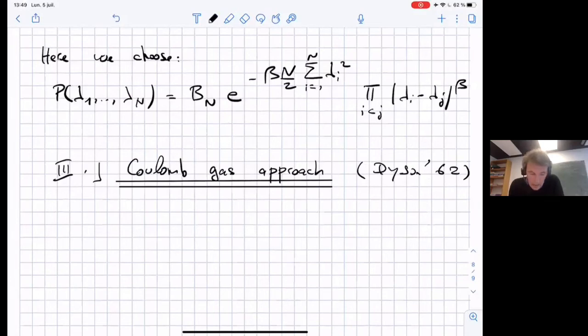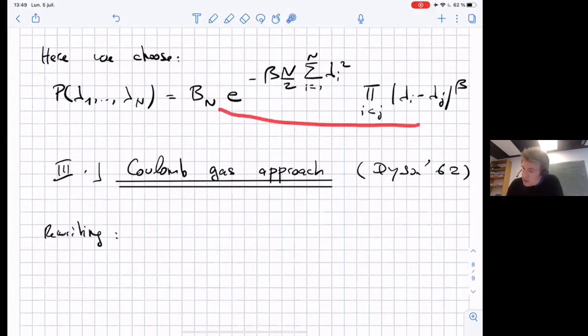It turns out that one can write, as just some rewriting at the moment, that if we want to interpret this as a Boltzmann weight, it should be exponential of minus beta something. Well, this has to be re-exponentiated.